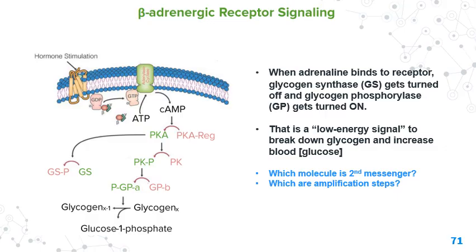So here, things are important to know here. When you produce your cyclic AMP, usually this is in a state that you do not have a lot of energy available.